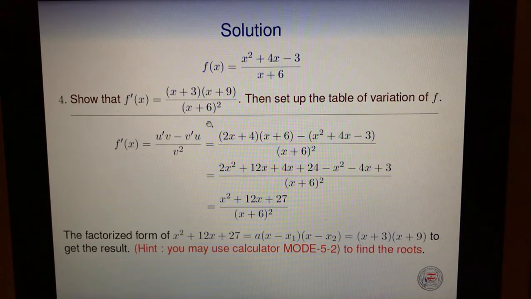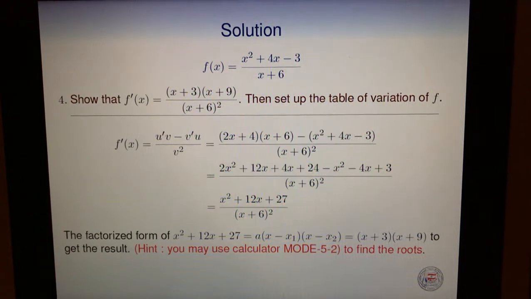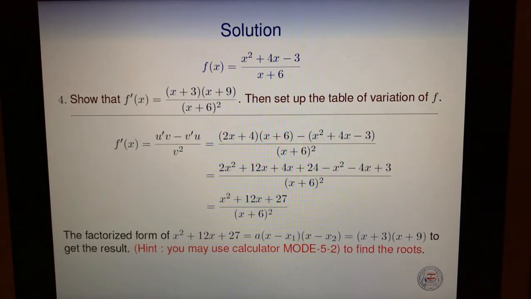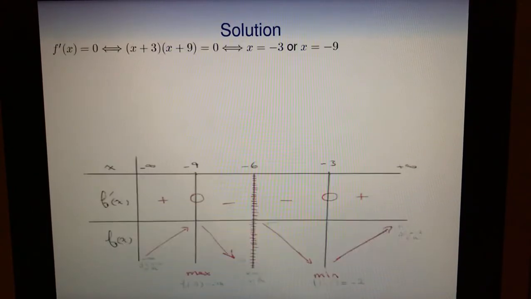Now the second part in this question is to set up the table of variation of f. So the first step to set up the table of variation of f is to find at what values of x f prime of x vanishes, that is at what values of x f prime of x is equal to 0.